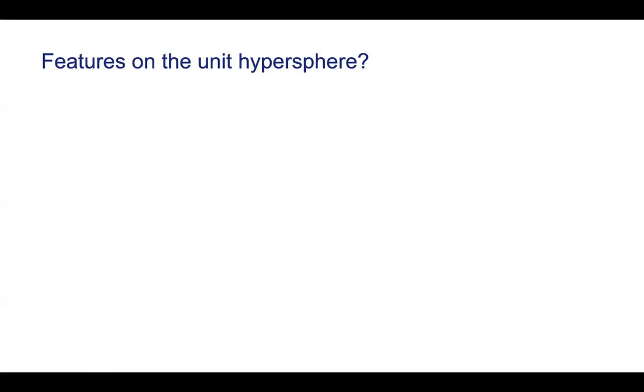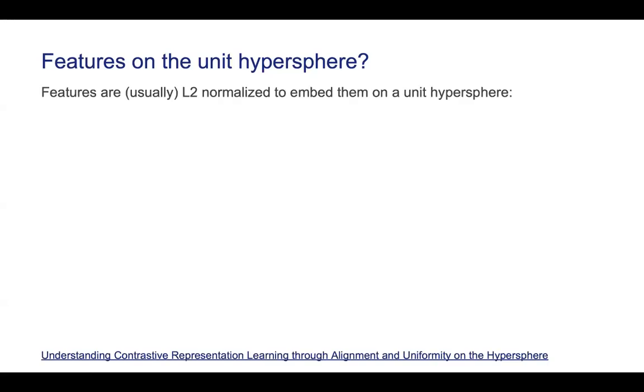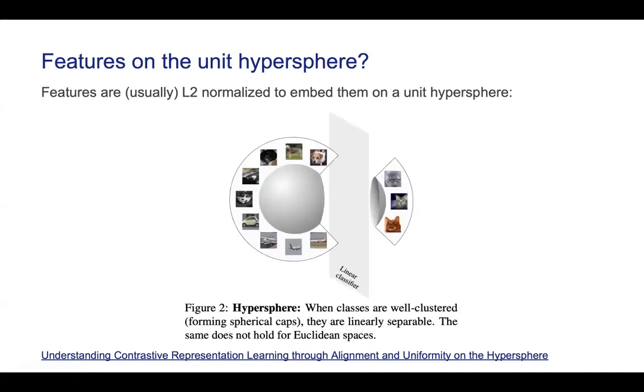Yeah, let's go to the unit hypersphere. All our features are L2 normalized, so they are lying on a manifold, which is a hypersphere. This is symbolized here with this sphere.